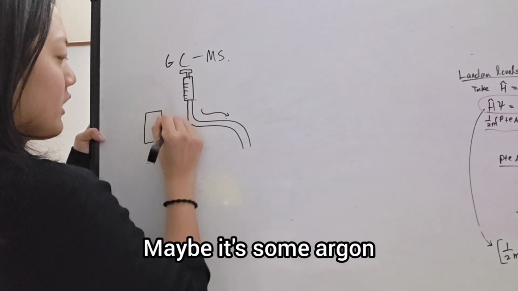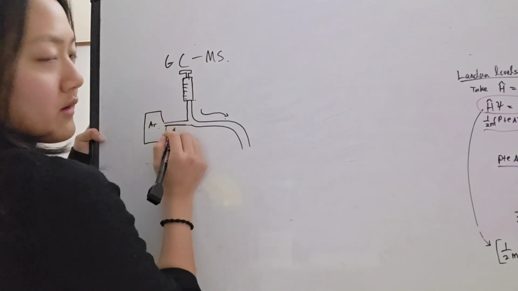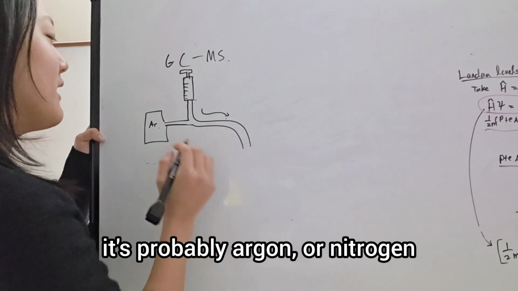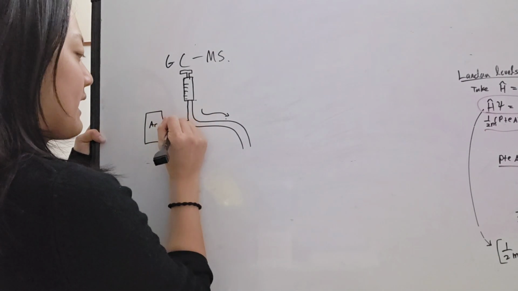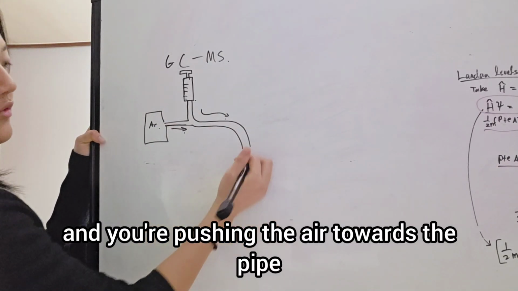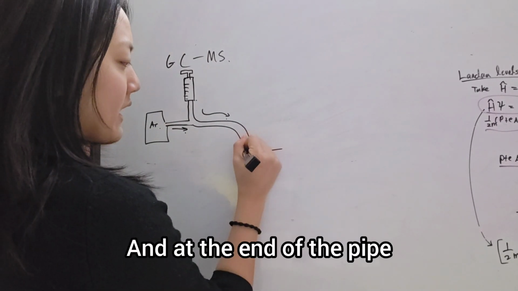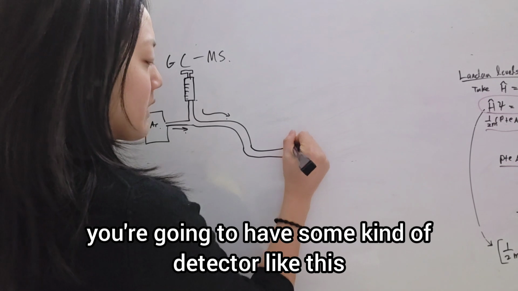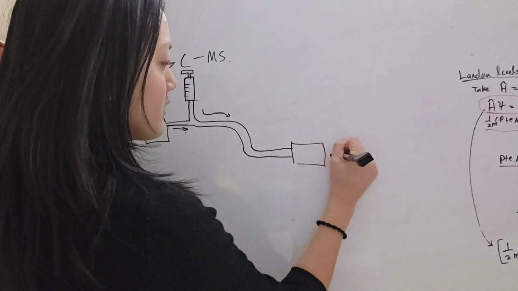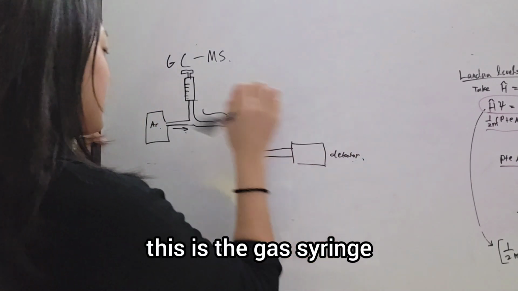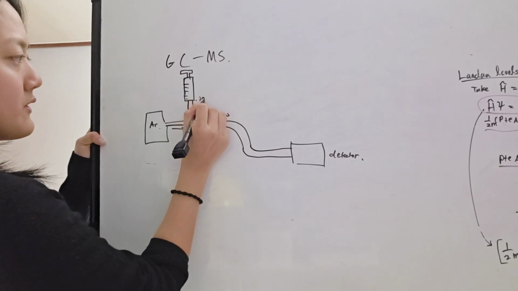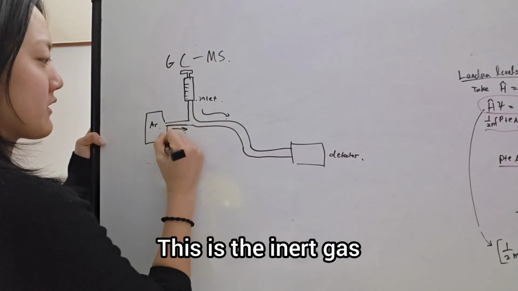Maybe it's some argon, it's probably argon, or nitrogen, and you're pushing the air towards the pipe, and at the end of the pipe you're gonna have some kind of detector like this. This is the detector, this is the gas syringe, and that's the inlet. This is the inert gas.